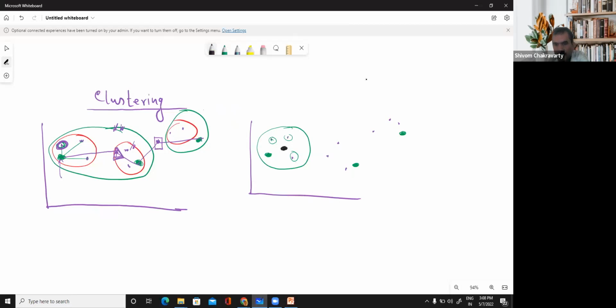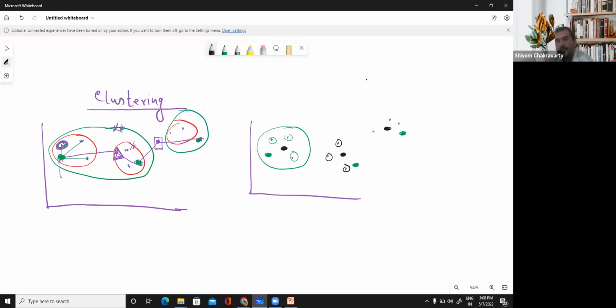Similarly, we will actually calculate the midpoint of these 3 data points. Suppose the midpoint comes to be this. So earlier, this green point was the randomly chosen midpoint. Now the actual midpoint of this cluster after the first round of calculations is the black oval shape. Similarly, if we calculate the actual midpoint of this cluster, it will be like this.